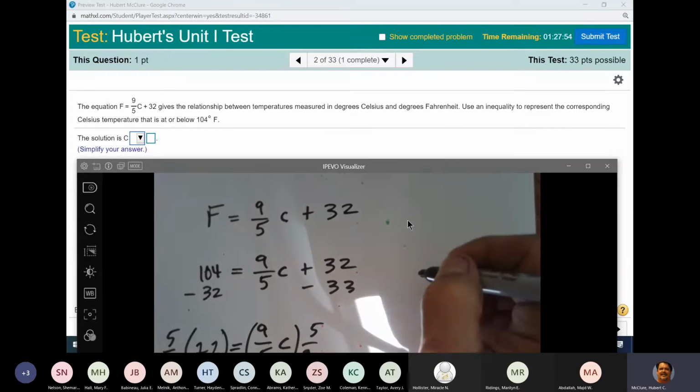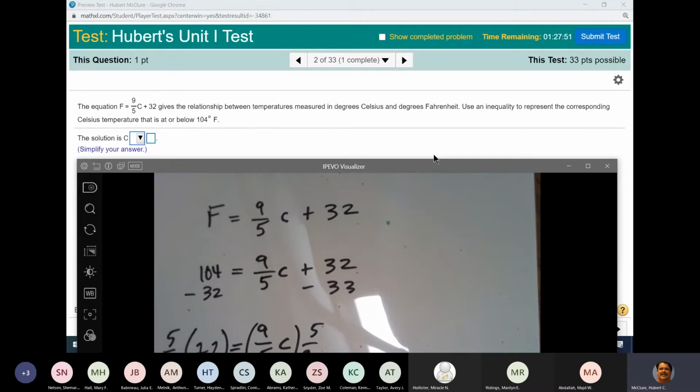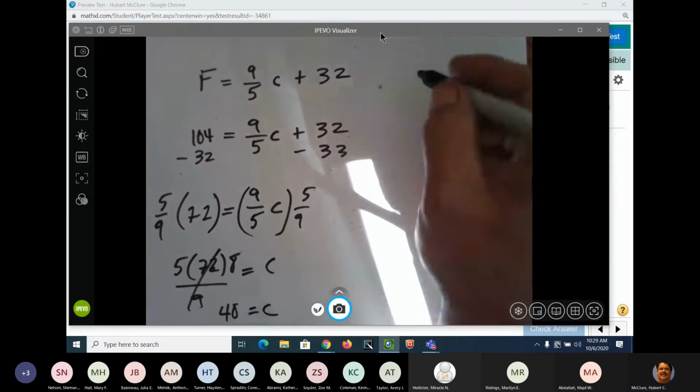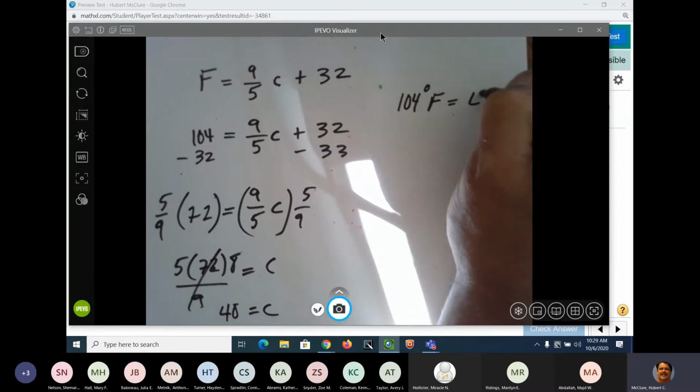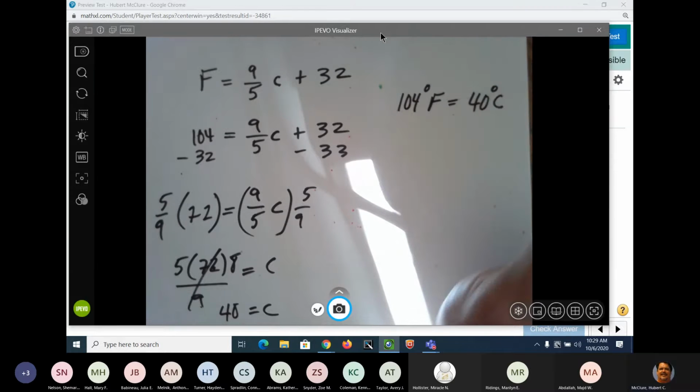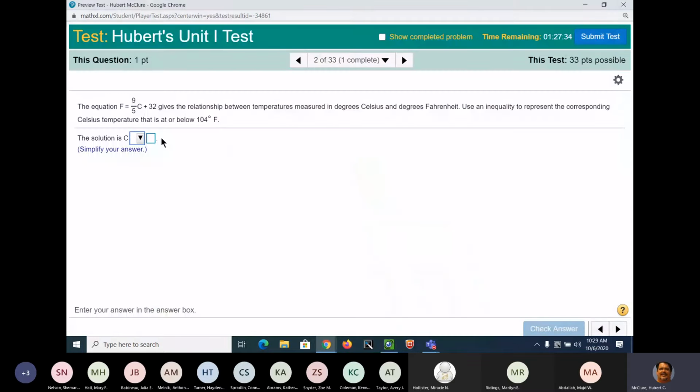So we know that 104 degrees Fahrenheit is equal to 40 degrees Celsius. Now, I don't like the way this question is worded because it doesn't make sense what they're asking. It says use an inequality to represent the corresponding Celsius temperature.